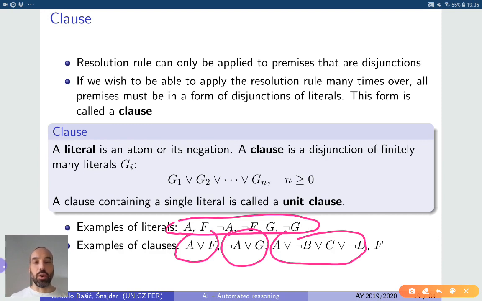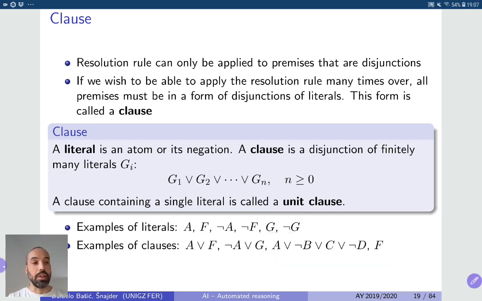But since the or operator is associative, it doesn't really change a thing in terms of interpretation. So I am allowed to drop the parentheses when I'm writing down the clauses. And the last example is the formula F, which is a unit clause. So a single atom is a clause as well.